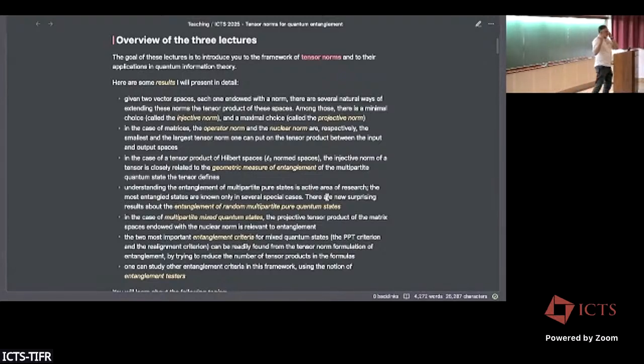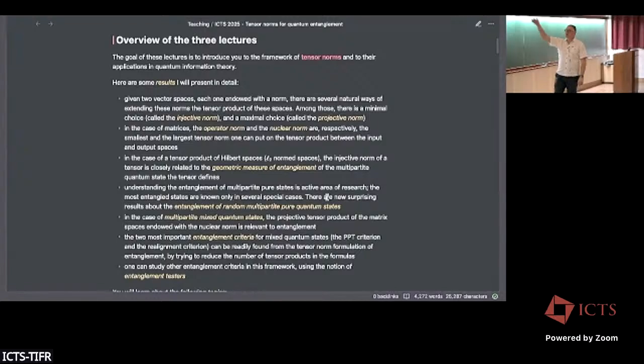I will discuss these and tell you what they are. People found them by saying, look, if we do this, then we get an entanglement criterion. But if you write the problem in terms of these tensor norms, it becomes obvious that you should try this. They come very naturally once you write the problem of entanglement in this framework of tensor norms. And once you do this, you can come up with new entanglement criteria and do more around the entanglement of mixed quantum states from this point of view of tensor norms.